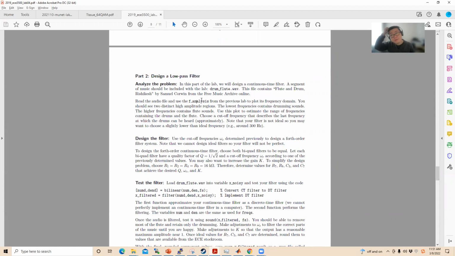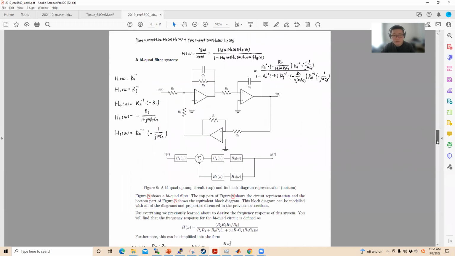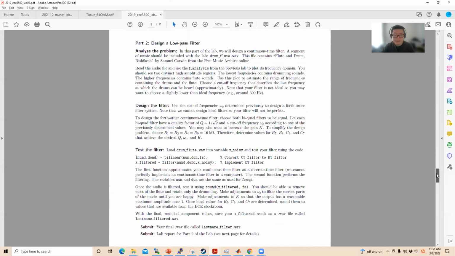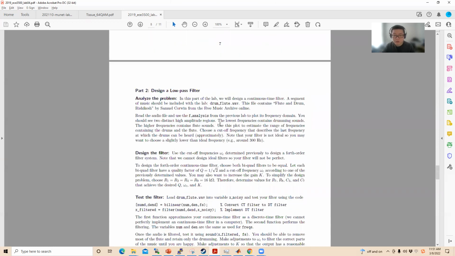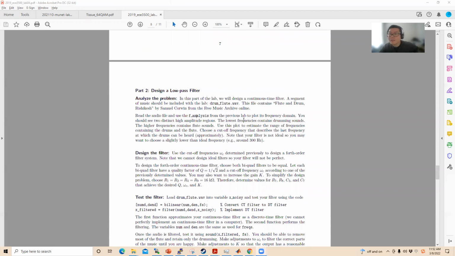In this part, for the low pass filter, we will use these two biquad filters, and we will use this to remove the flute part.